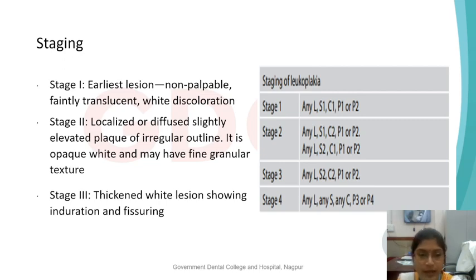It is opaque white and may have fine granular texture. Whereas stage 3 is a thickened white lesion showing undulation and fissuring. So stage 2 will include the speckled type, and in stage 3 the proliferative type is included.